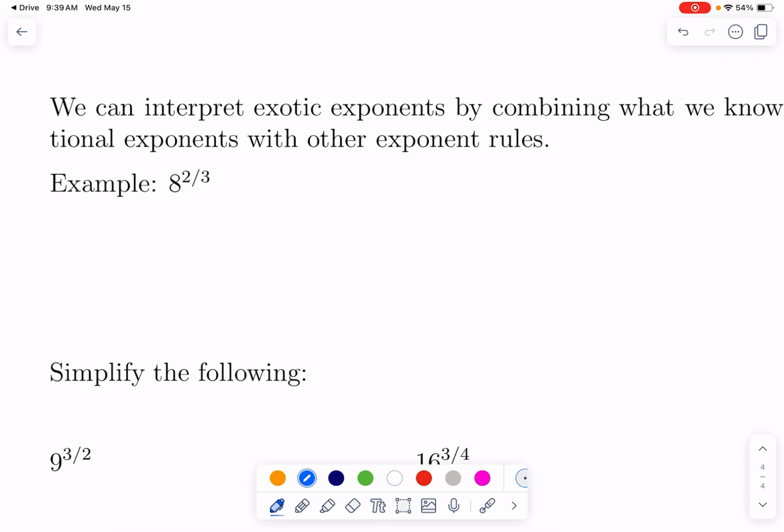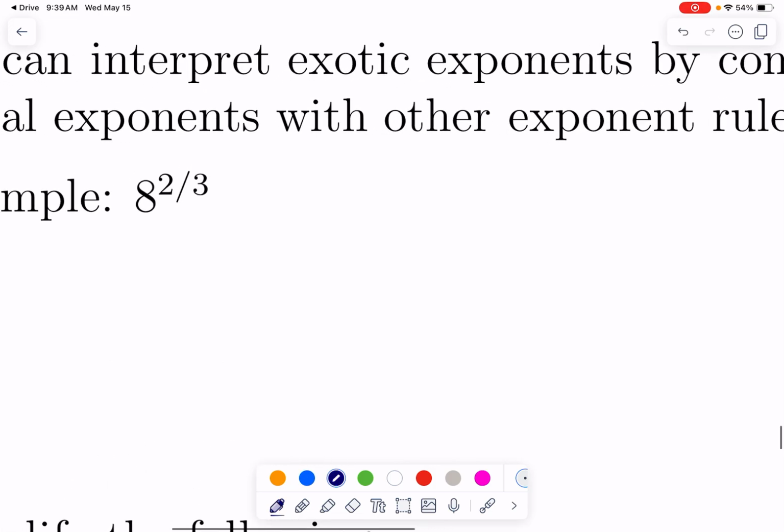So suppose we had to raise 8 to the 2/3 power. We already know what the 1/3 power is. The 1/3 power just means cube root. So the trick here is we could use one of these rules. I know that the number 2/3 is the number 1/3 times 2.